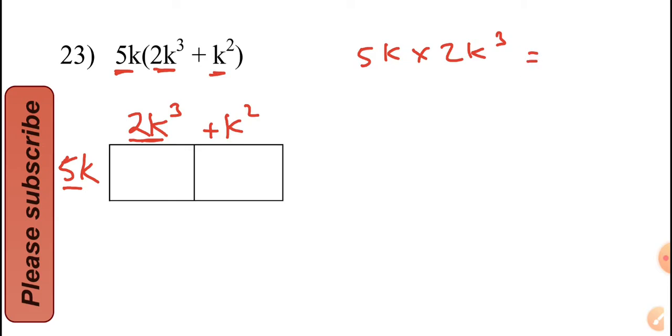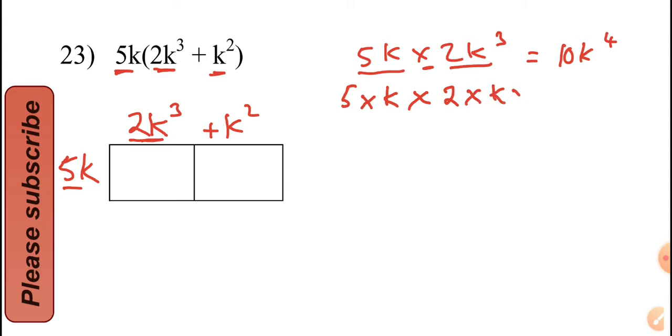You should be able to see straight off that that is 10k to the power 4. How is that? Well, 5k means just 5 times k, and then we just copy the times sign down, and then 2k cubed means 2 times k times k times k. Now because all the terms are multiplying, we can multiply them in any order.